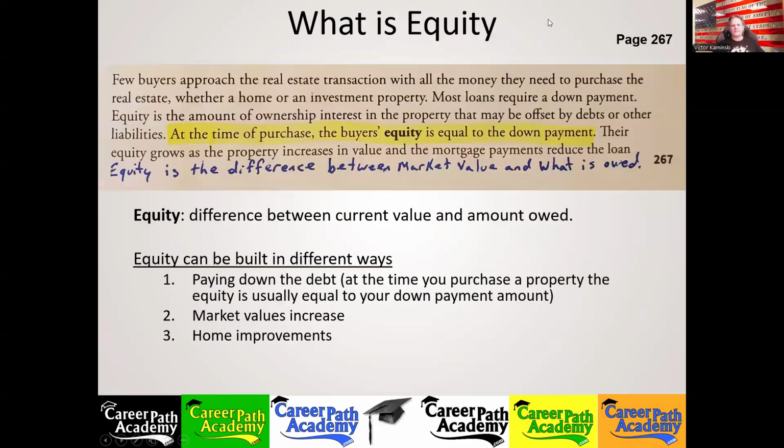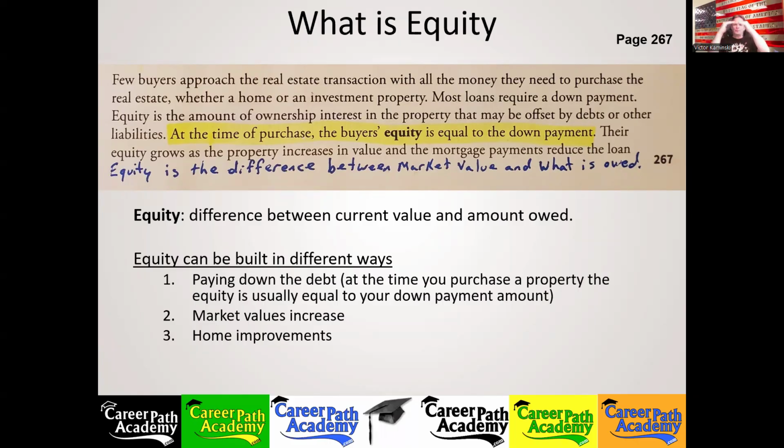So what is equity? At the time the buyer purchases a property, their equity is equal to their down payment. It's the built-in value. It's the difference between the market value of the property and what's owed on it.